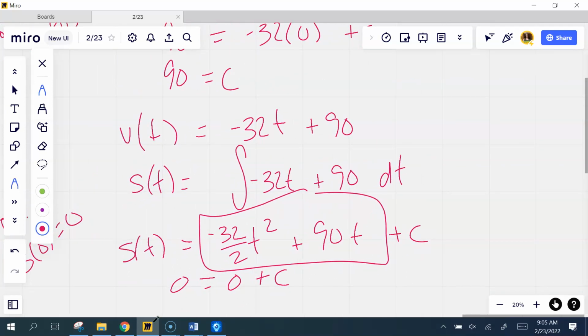Total distance. So when does it hit the ground? What is your t? You have to use your answer from part B. So it's from 0 to 5.625 of that velocity equation. When does it hit the ground? We set the position equal to 0 and solved.